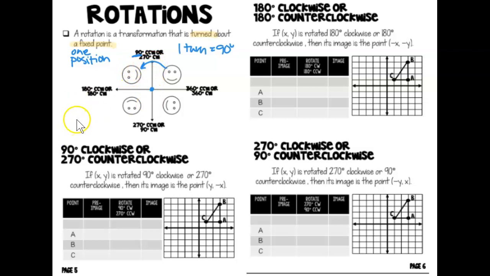So we have clockwise, which is the way the clock turns. And then we have counterclockwise, which is the opposite of how the clock turns.